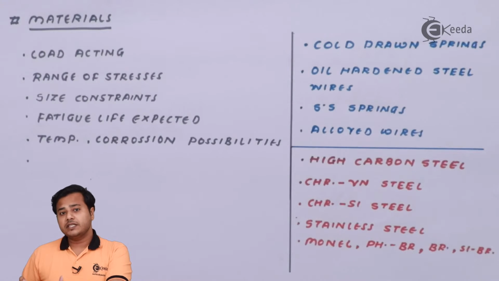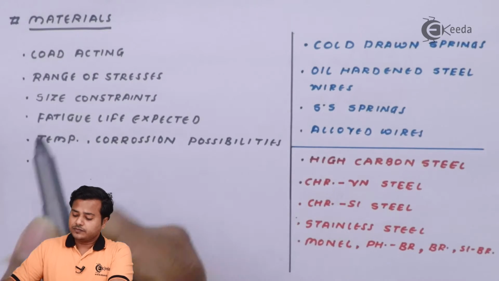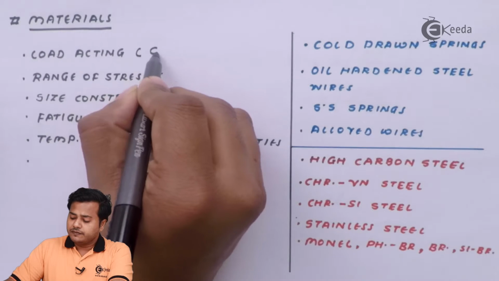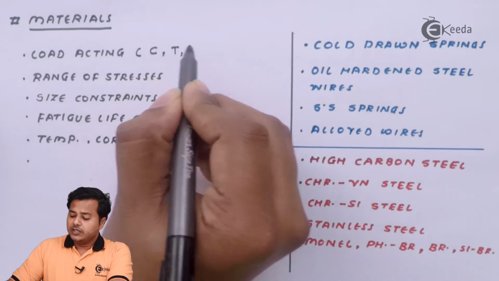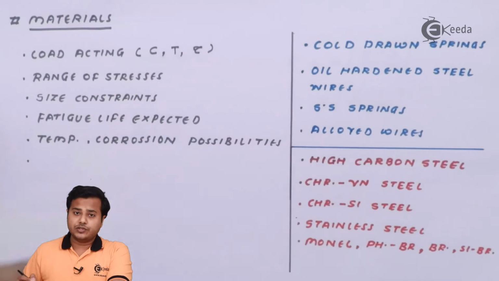The load can be compressive, it can be tensile, or it can be torsion in nature, and accordingly the spring material will be defined and designed. For the compressive kind of spring, the material used will be different than the material used for the tensile kind of spring or application. So the load can be compressive, tensile, or torsional also.